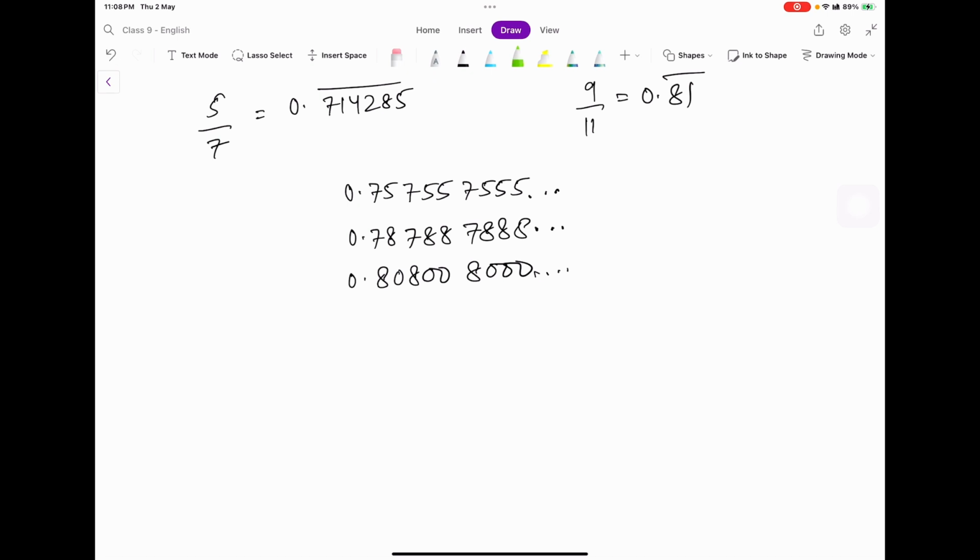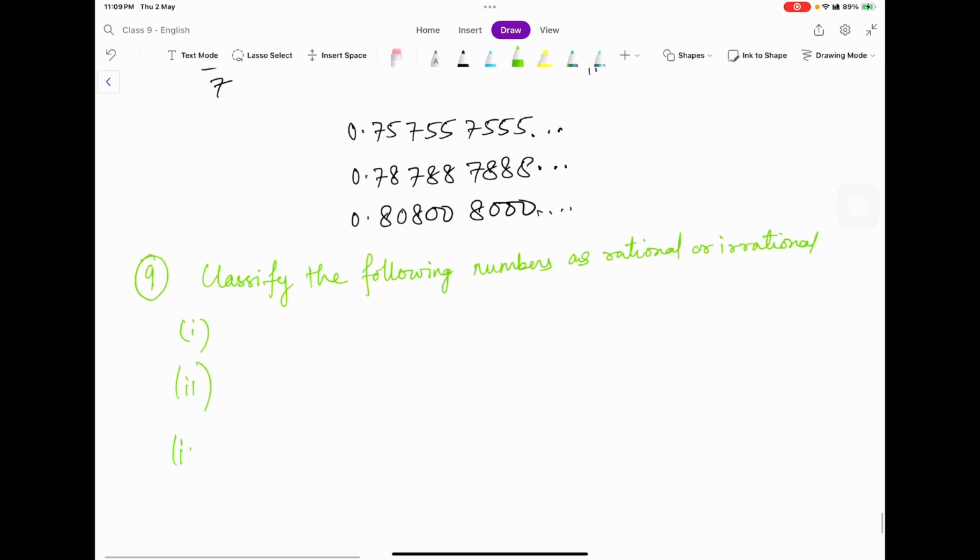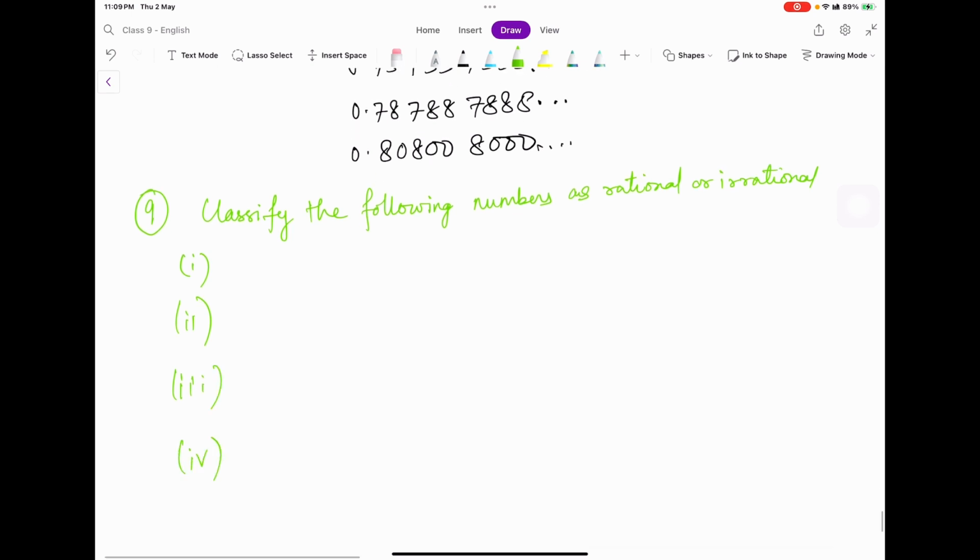Okay, then the ninth question. Here also I will be writing directly. The question is: classify the following numbers as rational or irrational. I'm writing the questions, and I will write the answers. I think 5 numbers are there. First is root 23.